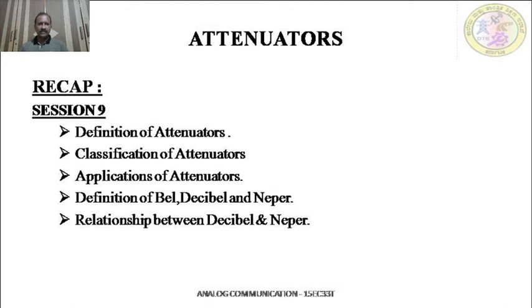Next, classification of attenuators. You can classify attenuators in many ways. First, based on attenuation: if the attenuation is fixed, it is called a fixed attenuator, and if the attenuation is variable, it is called a variable attenuator. Second, based on the network construction, you have two types: symmetric attenuator and asymmetrical attenuator.